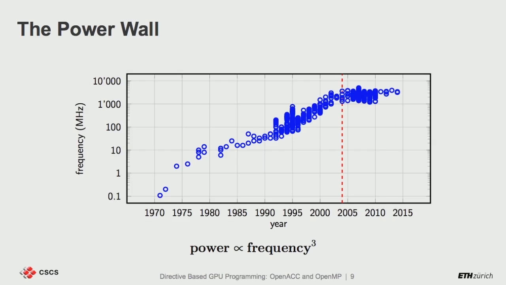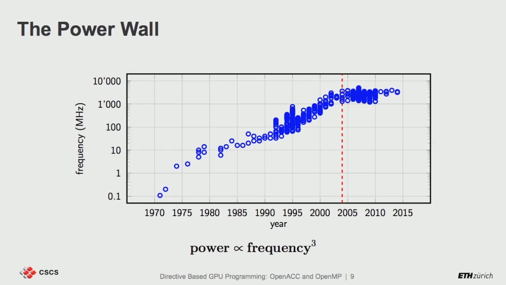But what happened in 2004 was that the power density of a single chip increased very, very much. It was approaching the limit of 100 watts per square centimeter. Just to make a comparison, the power density of a nuclear reactor is 130 or 140.